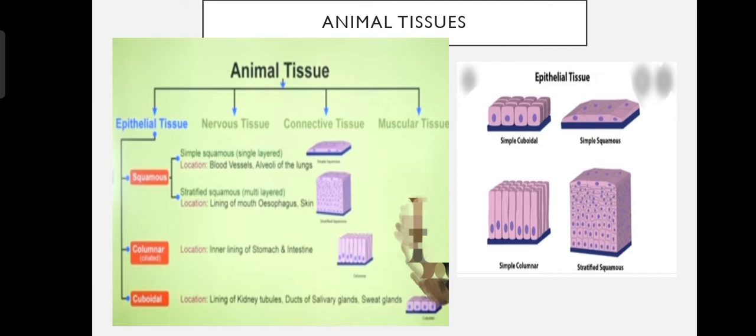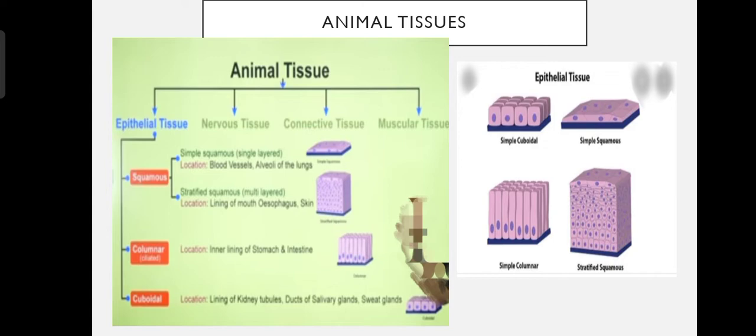They have two categories, that is simple squamous and stratified squamous. Simple squamous tissue is composed of a single layer of thin and flat plate-like cells. These cells fit closely like the bricks in a wall, and they form a smooth membrane.